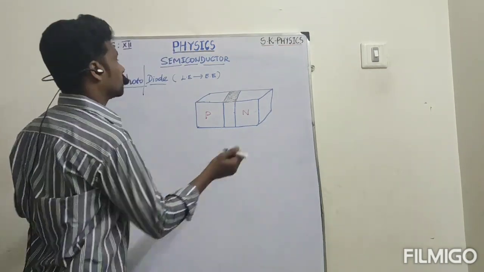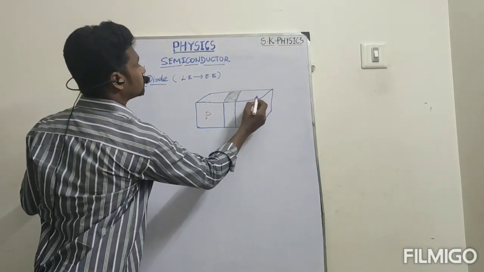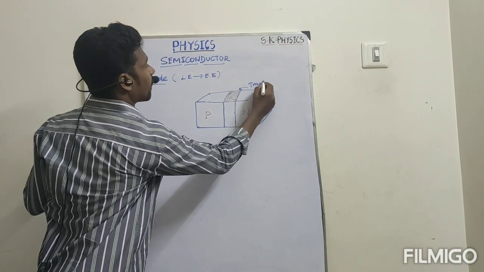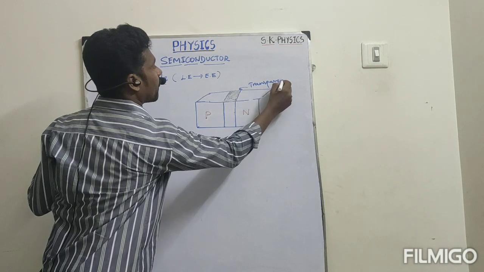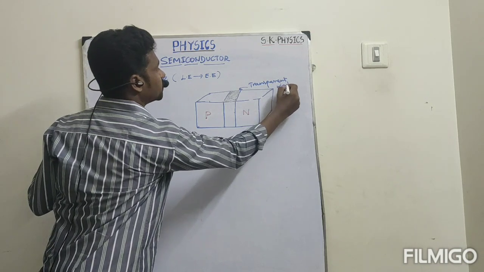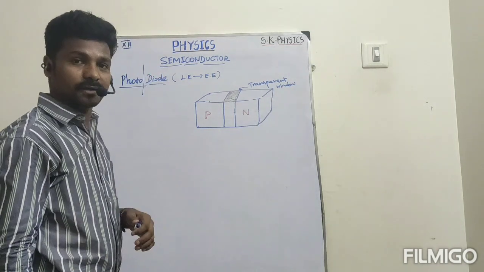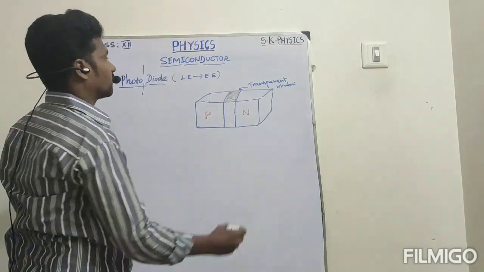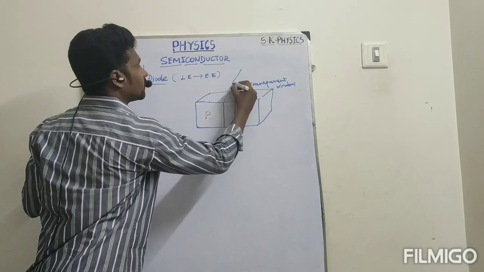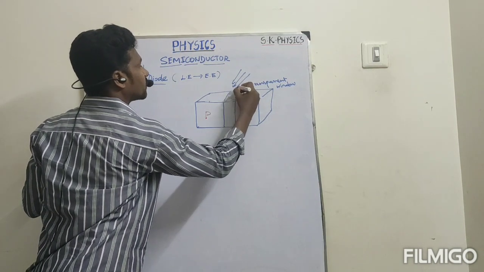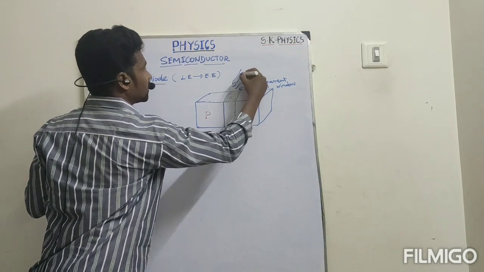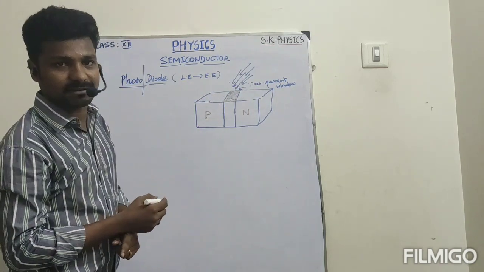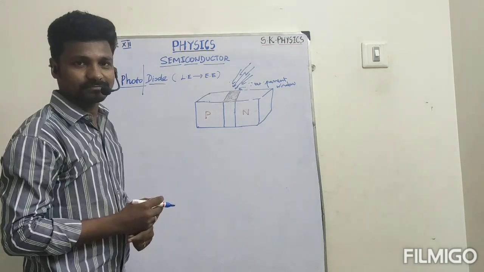This black color represents the transparent window. Now we are going to apply the light energy, that is, photons. Externally we apply. If it is sunlight, it will come naturally. Anyhow, we have to apply the light energy on the transparent window, on the diode.